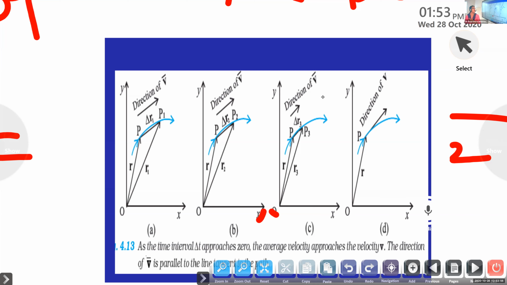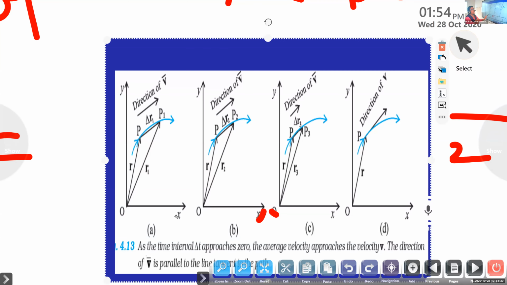Look here, at a particular time t1, the average velocity is this way. r is the initial vector. This is in the textbook, Figure 4.13, you don't have to copy it now. Here is the initial position r1. Therefore, this is the change in displacement in a particular time t.